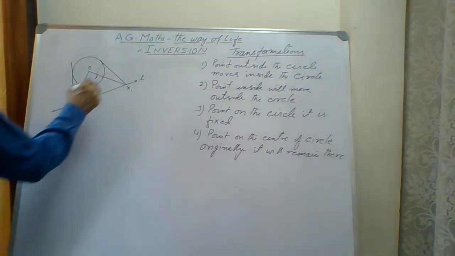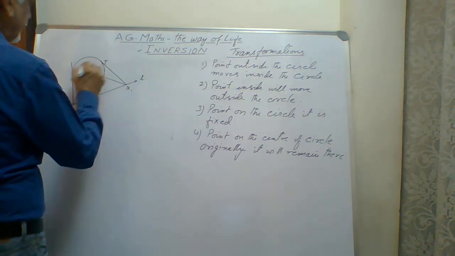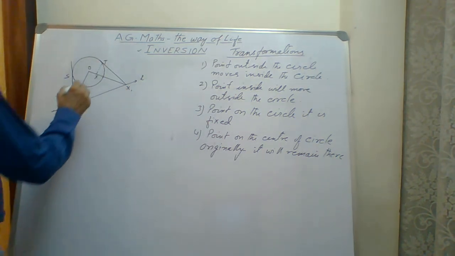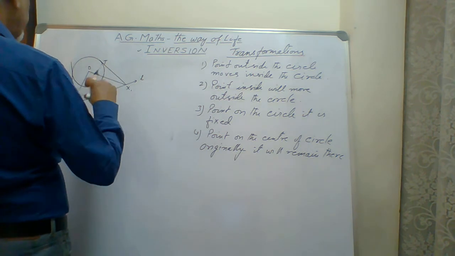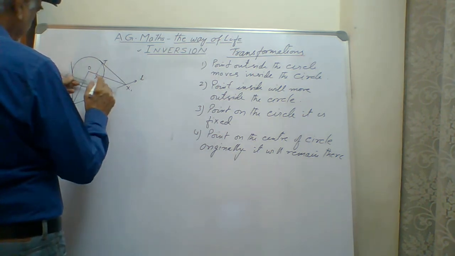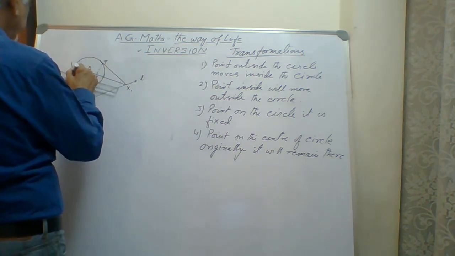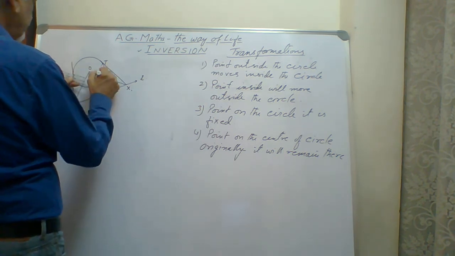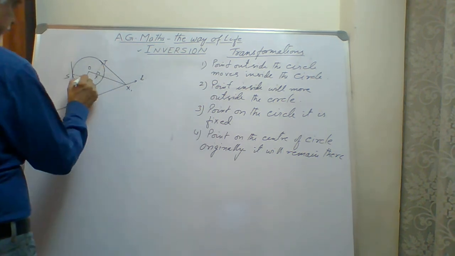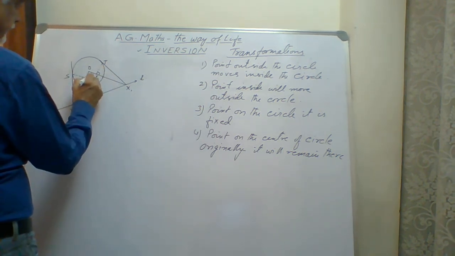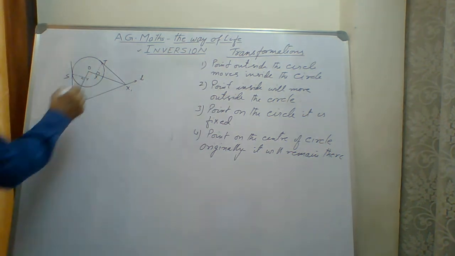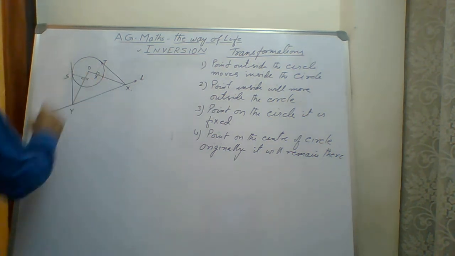Suppose this is T and this is S. From point S, I'll draw a perpendicular onto this line. Suppose this is the point Y1. Now one point was here, and one point has come here.